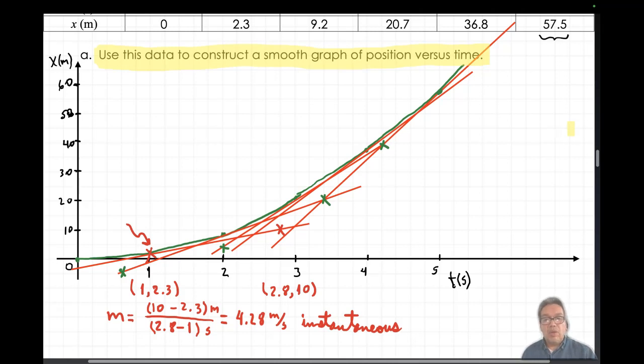So what we are going to do is eventually, once we have all of the pairs, is that we can calculate each slope, and each of those slopes is going to tell you the velocity at each particular instance. So let's go there.